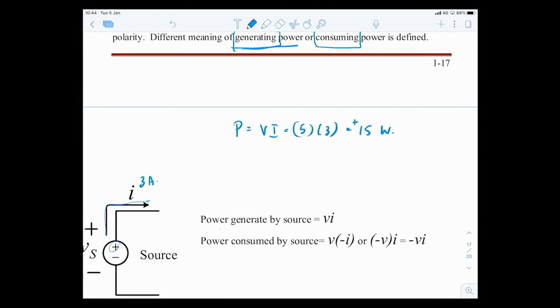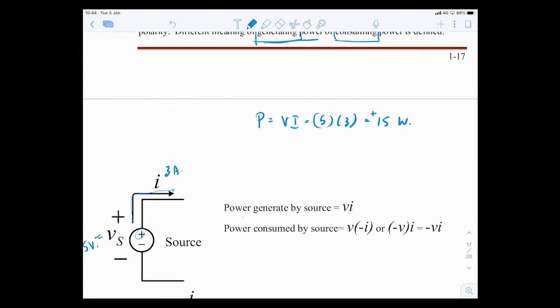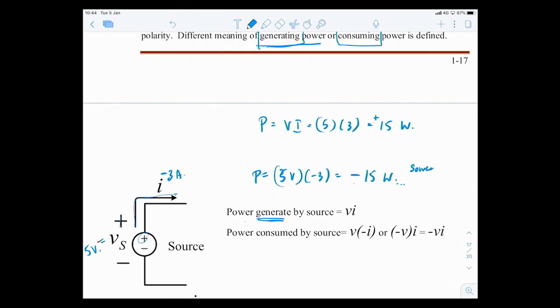In this case, when the current flows out of the positive terminal of the item you are calculating, and the result turns out to be positive, we say that the power is generated by that item, so in this case by Vs. But if your I is negative 3 amps, then P is equal to 5 volts times minus 3 amps, and the answer is minus 15 watts. The answer is negative, so given the direction of current, we say that the source consumes 15 watts.